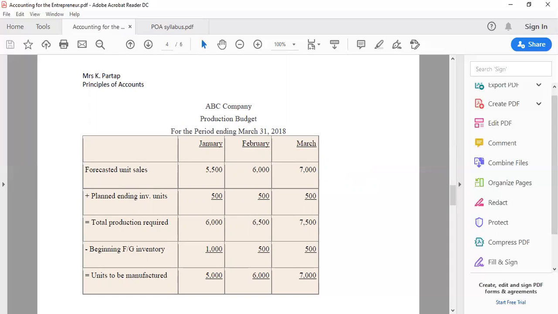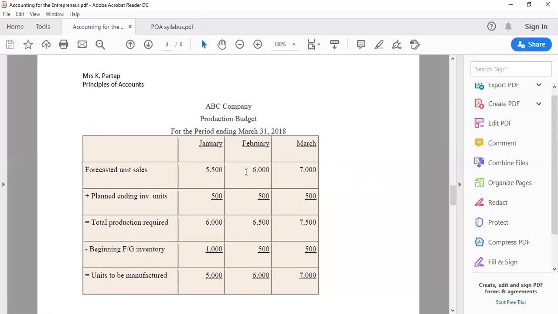So to find out how much we need to manufacture, we take our forecasted unit sales, add it to the ending inventory units to get the total production required, 6,000, but we minus the opening inventory amount. So the amount of units to be manufactured is actually 5,000 units. We do the same thing for February.